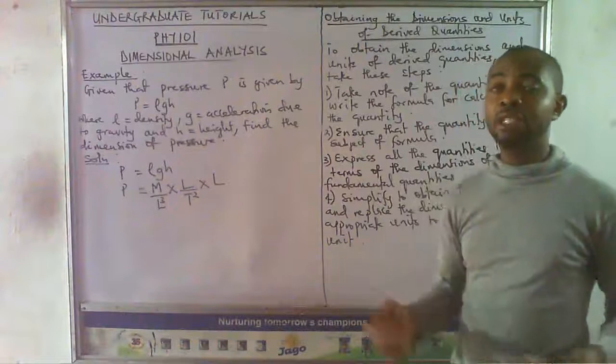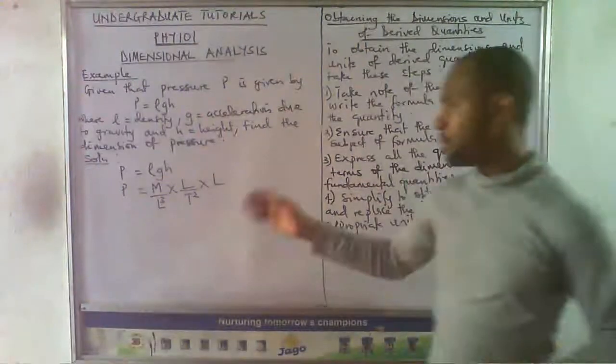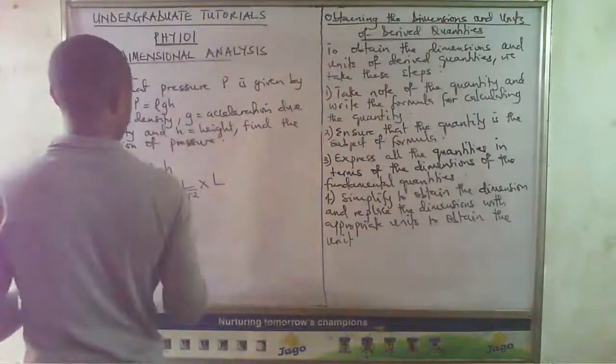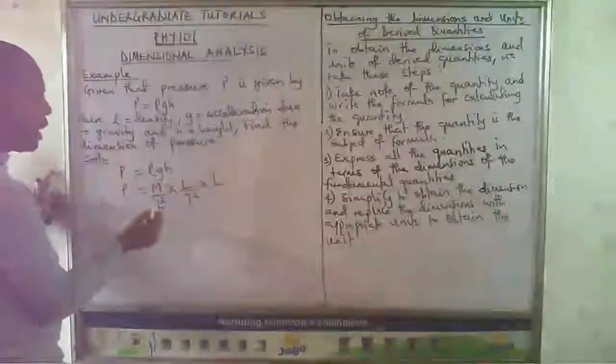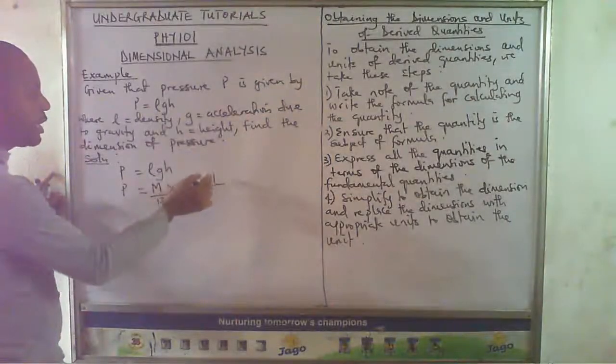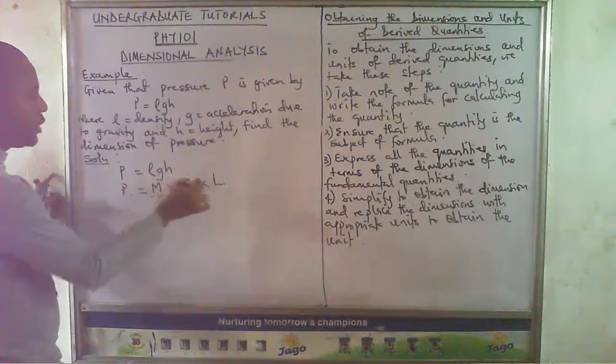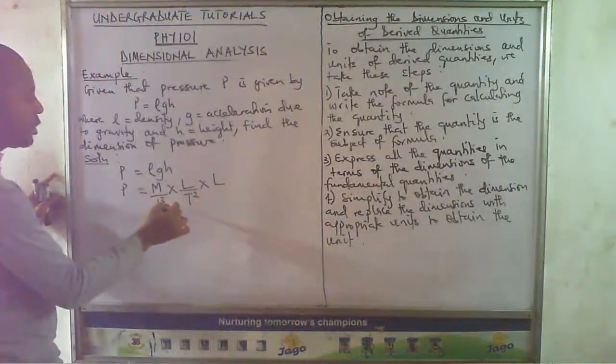Length. So they share the same dimension as length. Now when we divide, we have length raised to power 3 over length raised to power 2, and we will be left with length.